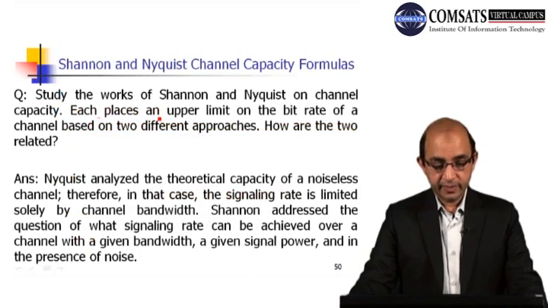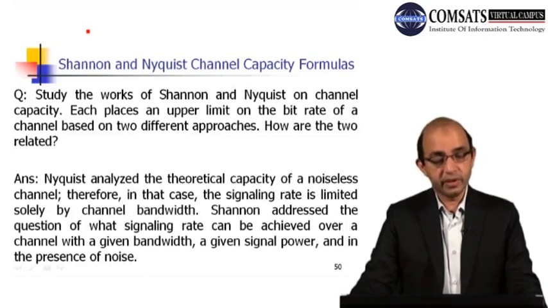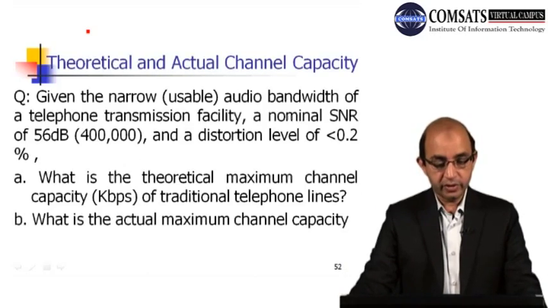In case of the Nyquist criterion, we assume that the channel is noise free, so the signaling rate is limited by the channel bandwidth, while on the other side Shannon focused on the signaling rate that can be achieved over a channel with a given bandwidth, given signal power and in the presence of noise, but remember, only the white noise, Gaussian noise.